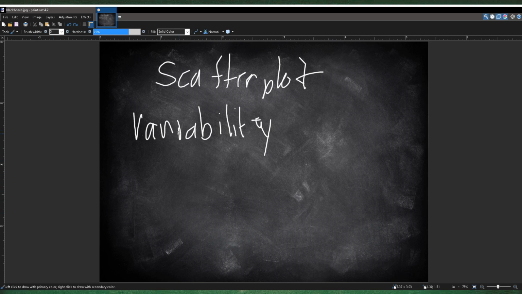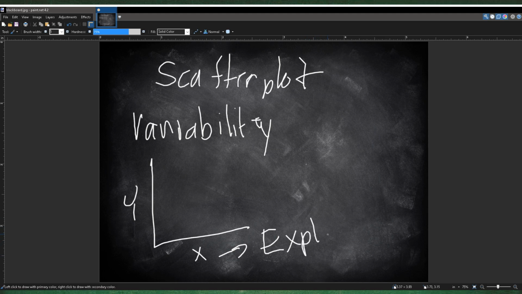And then when describing scatter plots, for the x, you usually describe it as the explanatory variable.